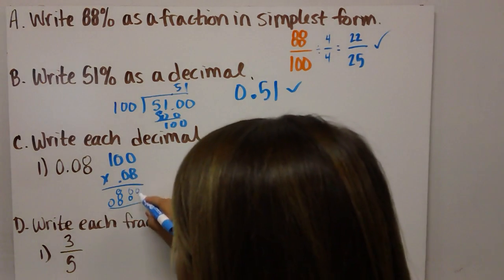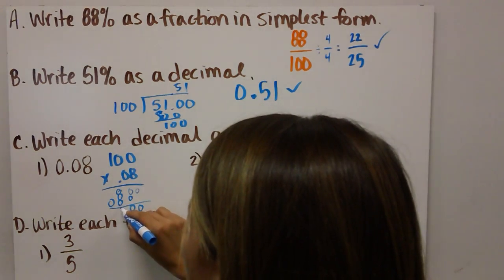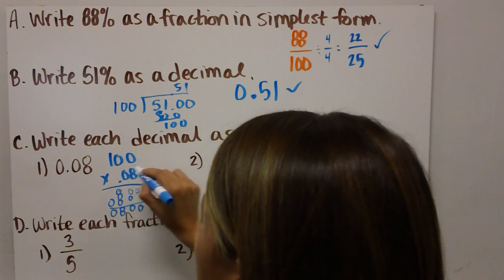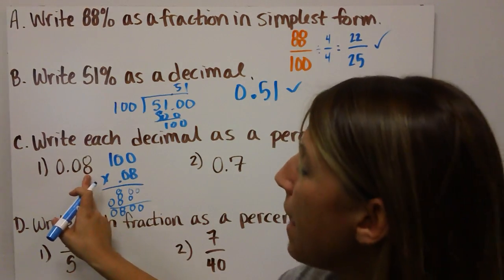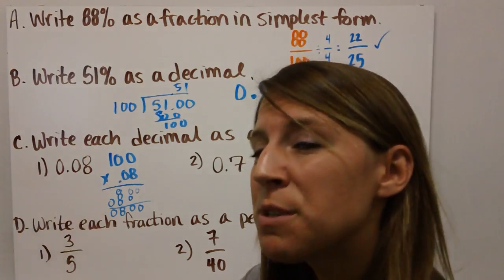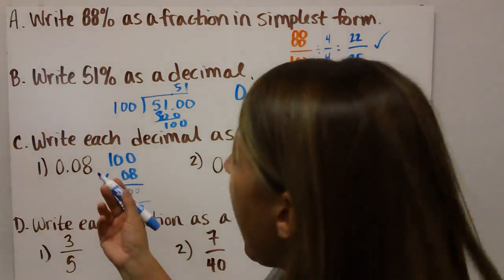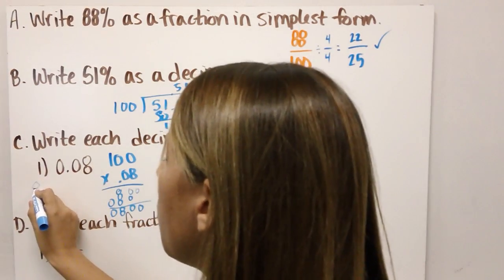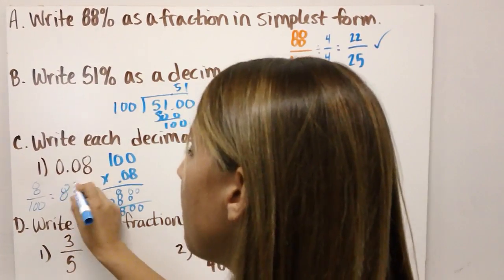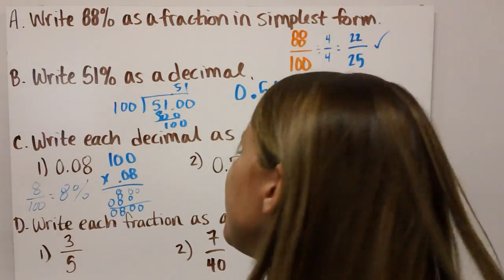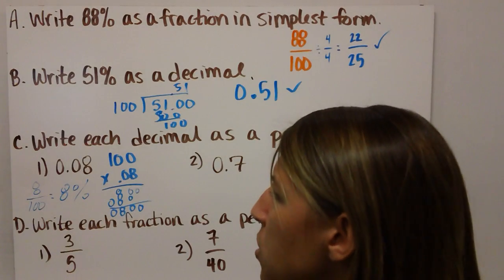If I add it, it's 0, 0, 8, 0, and 2 decimal places. That gives me 8. So 8 hundredths as a percent is 8%. Think about that. 8 hundredths. Well, yeah, of course. That's 8 hundredths, which I know is 8%. I probably should have just done it that way in the first place, but I can also multiply by 100, which is what I did.